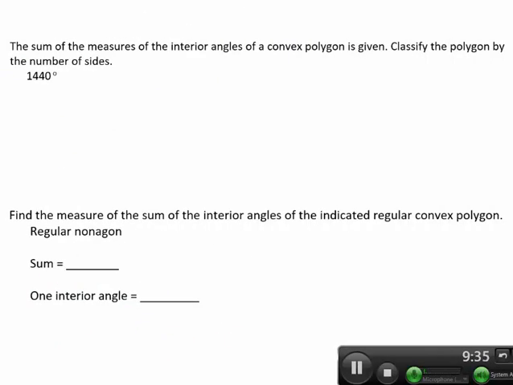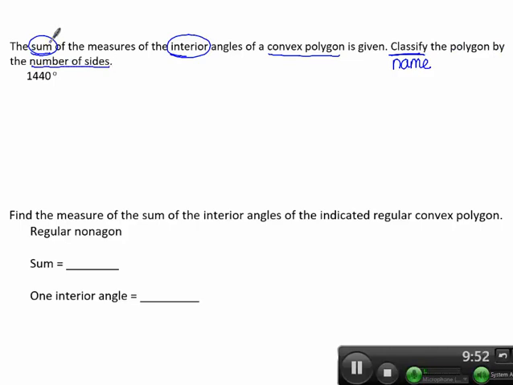Let's look at another example. The sum of the measures of the interior angles of a convex polygon is given. Classify, remember classify means to name, the polygon by the number of sides.